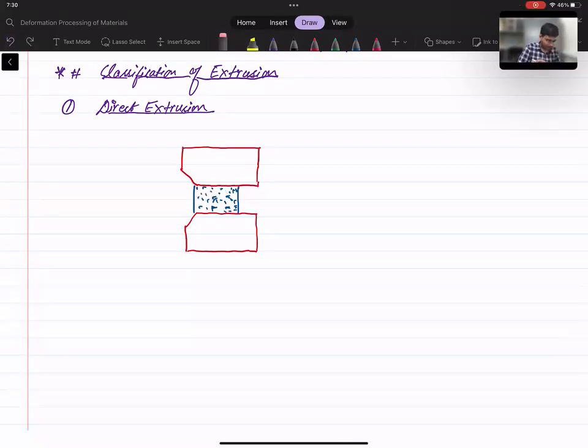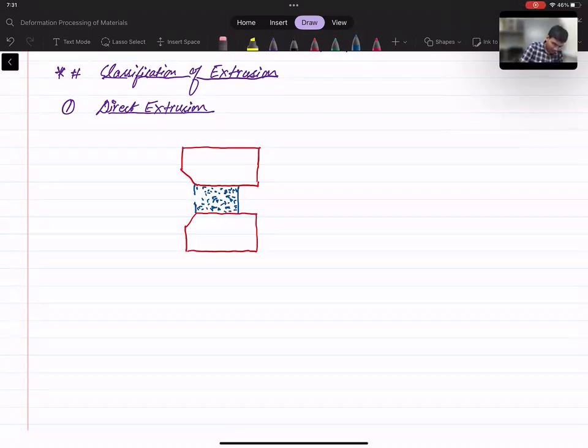Let me draw it more clearly. So this is the billet, and again to form the particular or desired shape, there will be an orifice through which this metal or workpiece will flow.